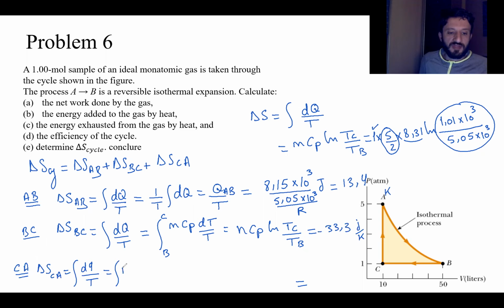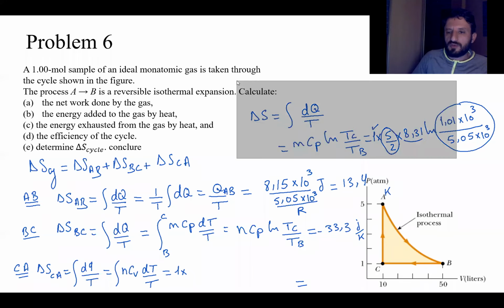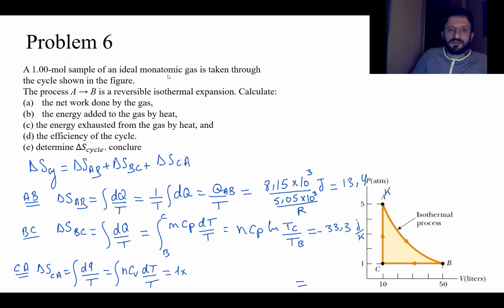So we have nCV delta T divided by T, equals n times CV, where CV equals R divided by gamma minus 1. We calculated before.